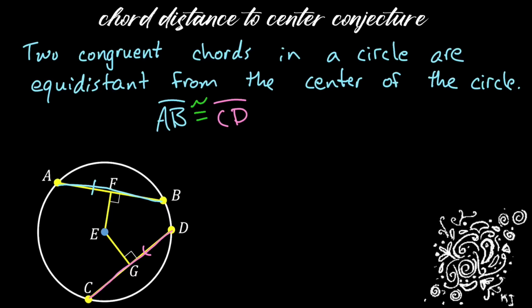And so then what we have is a situation where EF must be congruent to EG. Segment EF must be congruent to segment EG. And that is the part that is equidistant, that segment from the center to the nearest point on the segment.